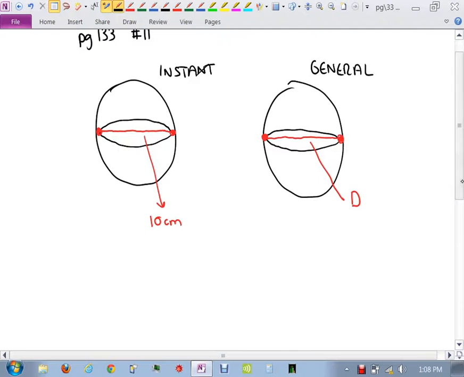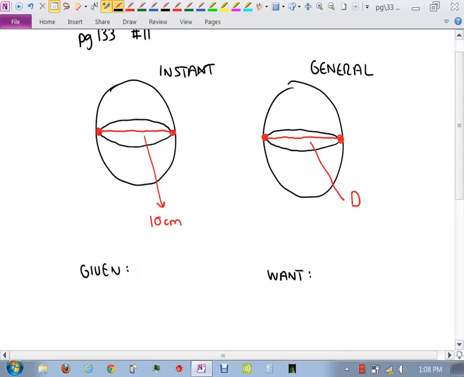Now let me write down what's given and then what I want to determine. And you don't have to do these in any particular order. It says to find the rate at which the diameter decreases. Rate means derivative, right?